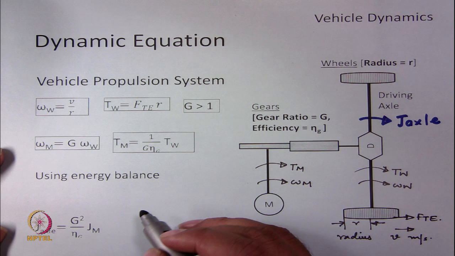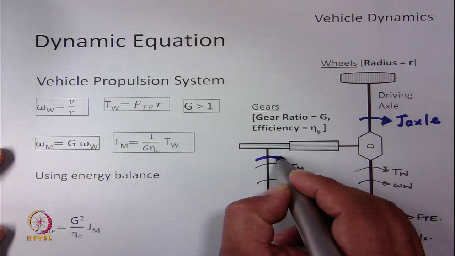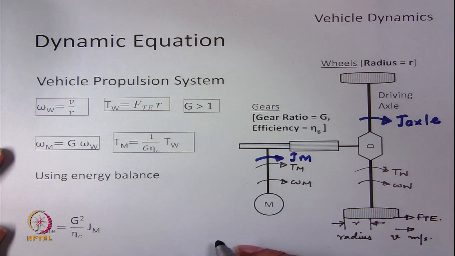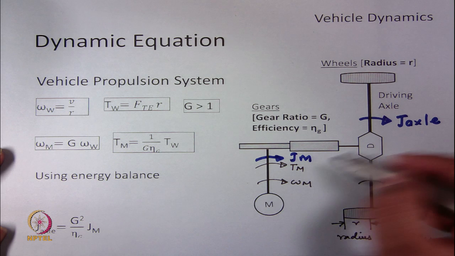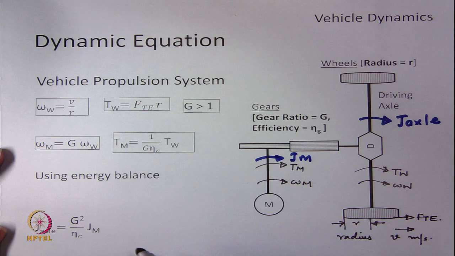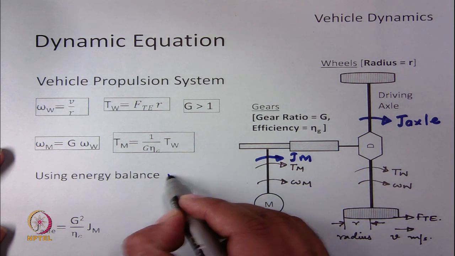If we want to accommodate the moment of inertia of the motor shaft in the force equation, we have to find the relation between Jm and J axle. How can we do that? We can do that by using the energy balance equation.